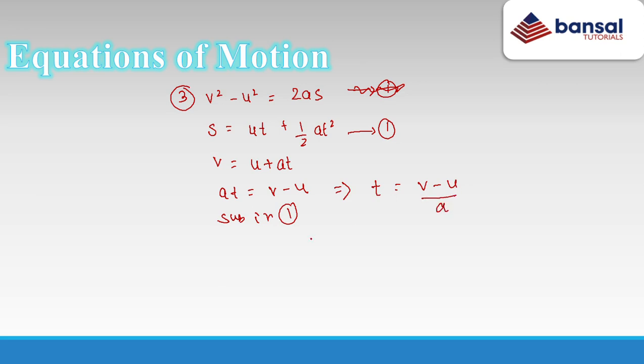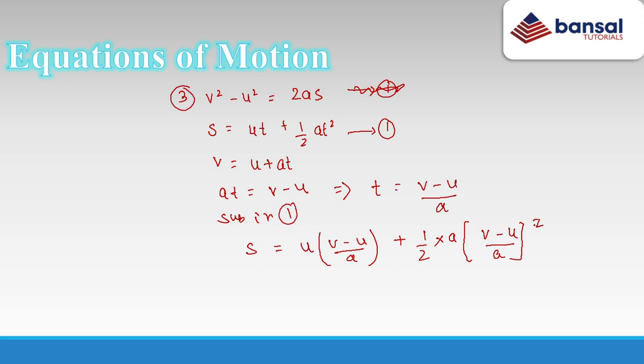This value: s will become u into t, that is v minus u upon a, plus half into a into v minus u upon a, the whole square. Okay.